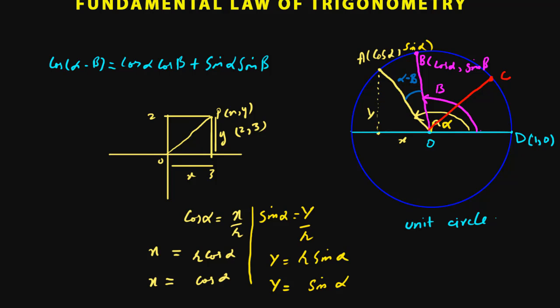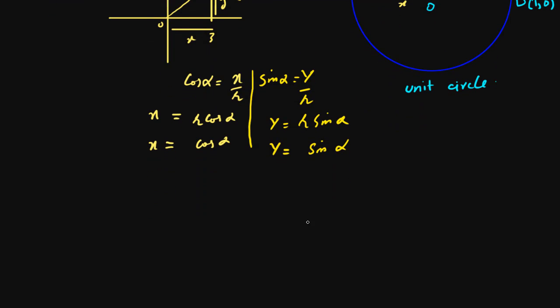Similarly, if I show you in a similar way, we have A and B, and I have another line, C and D, and one more point. What will be the distance from B to D?